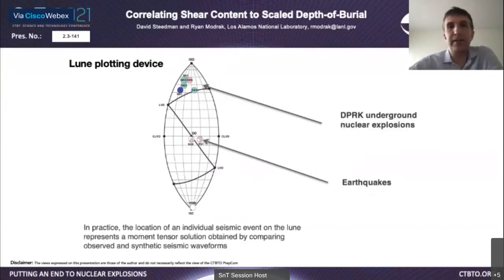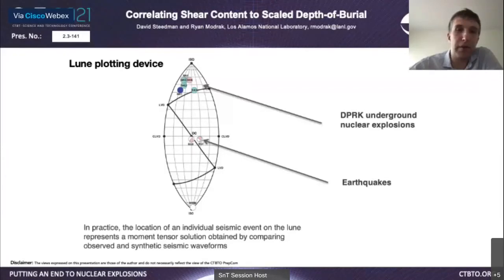What this means in practice is that plotting moment tensors on the loon can help with discrimination. To illustrate, all of the seismic events shown in the figure here occurred at or near the DPRK test site. So hypocenter location by itself is not sufficient for discrimination.